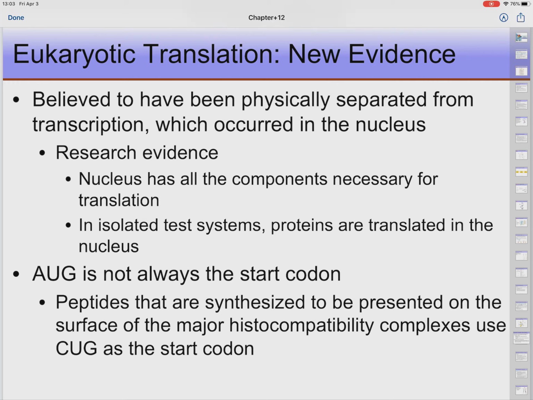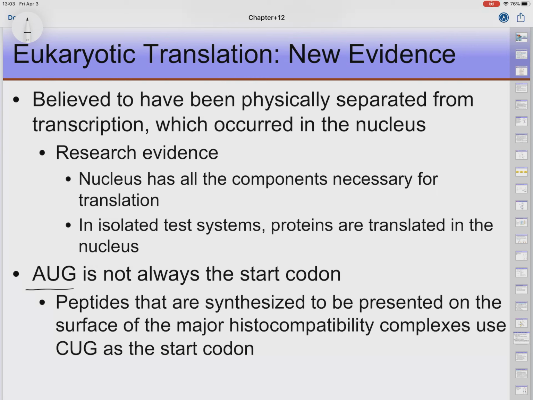I don't know what that reason is, but that would be the logical conclusion to draw, and not just to say that in some life, translation happened instantly during transcription. But in eukaryotes, that's not the same thing. Evidence and lab results show that if we didn't have that separation, there's nothing stopping translation from happening right there in the nucleus.